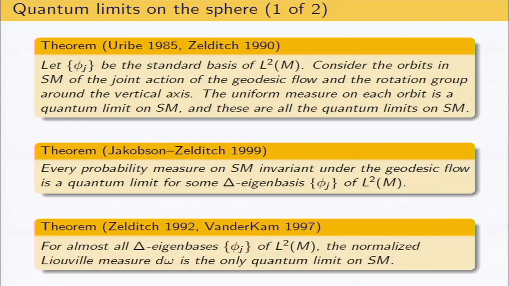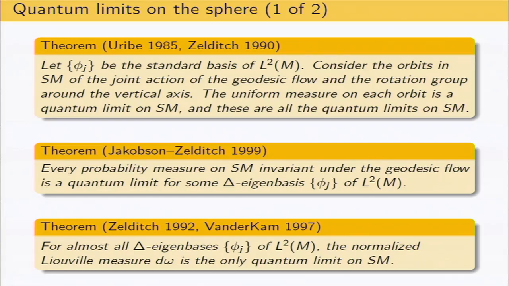And there is a theorem of van der Kam from 97, strengthening a result of Zelditch from 92, that for a random Laplace eigenbasis, the normalized Liouville measure is the only quantum limit. So in other words, the Wigner measures converge in the weak star topology, and then we saw that the limit must be the normalized Liouville measure.